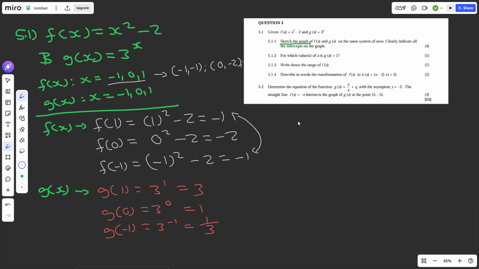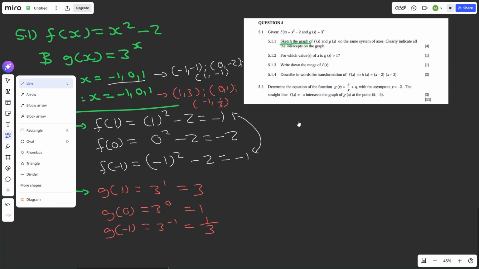Then lastly, we have 1 and minus 1. And then for our other function, so 1 and 3, 0 and 1, and minus 1 and a third.